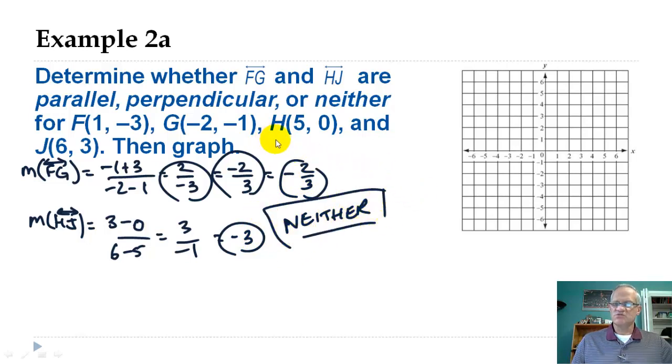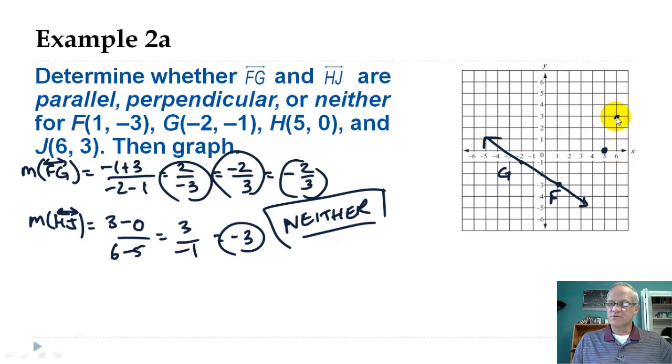Let's graph it just to kind of make sure here. Okay, so if we have F is at 1, -3, and G is at -2, -1, so that is line FG. So that was F and G. And then the other one, H was 5, 0 and 6, 3.